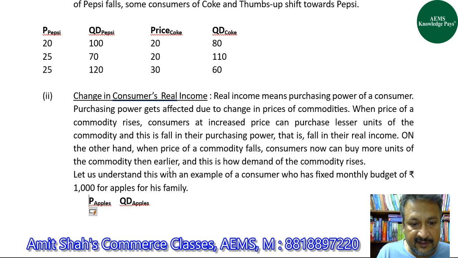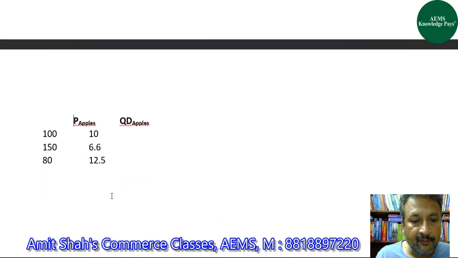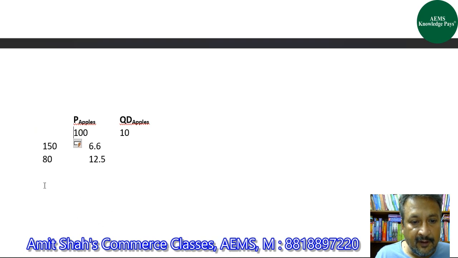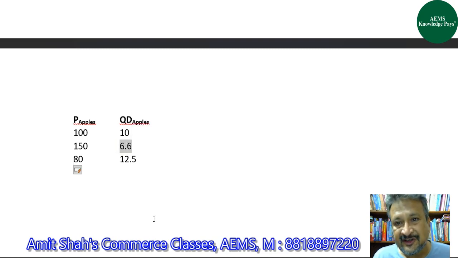And this is the case that when price was rupees 100, he could purchase 10 kgs of apples, but when price became 150 rupees per kg, he now is able to purchase only 6.6 kgs.